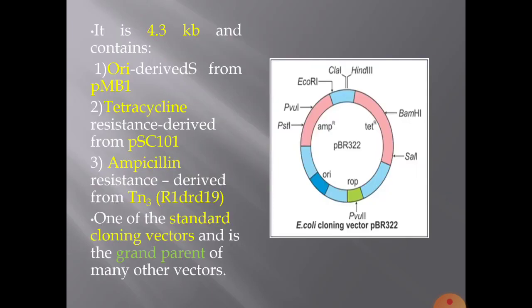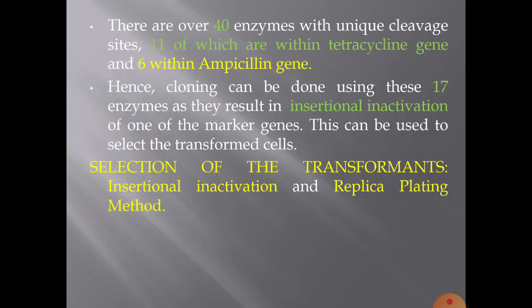Say for example, see here you can see the tetracycline resistance gene, right? If you have a DNA of your choice, and if you cut here by making use of BamHI and insert the DNA of your choice, the DNA insert will sit in between the tetracycline resistance gene. When it happens, this tetracycline resistance gene becomes inactive.